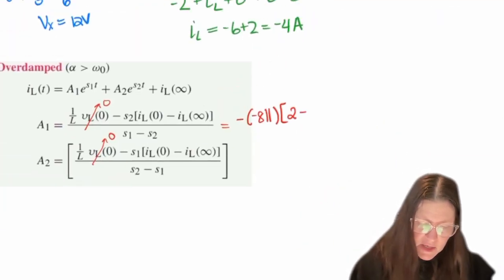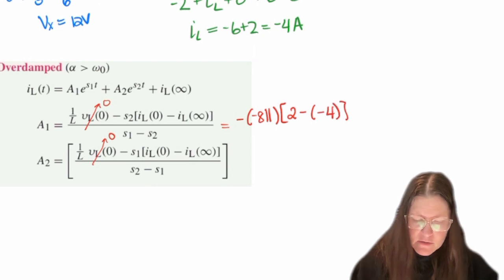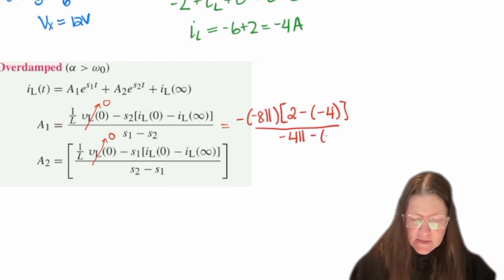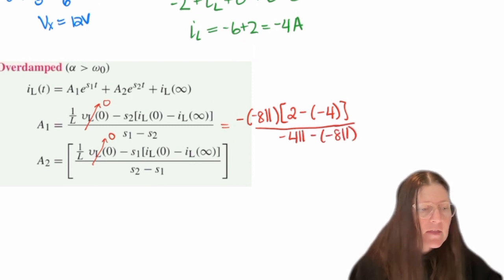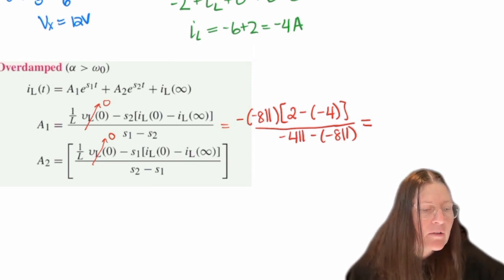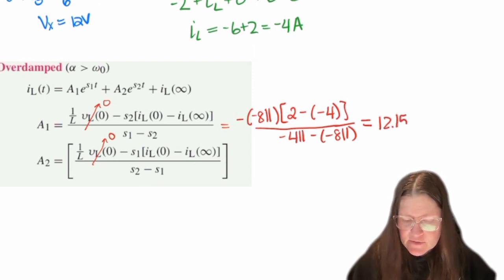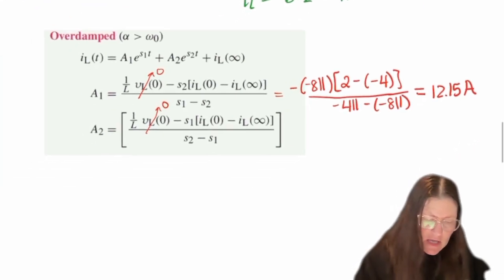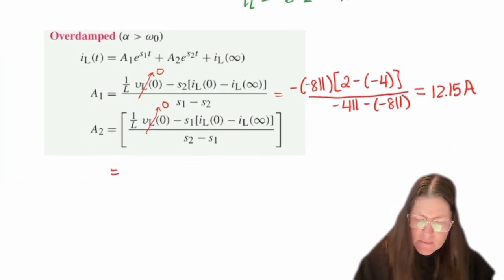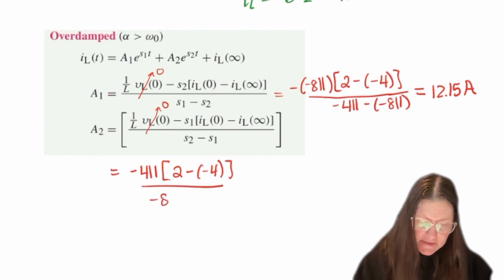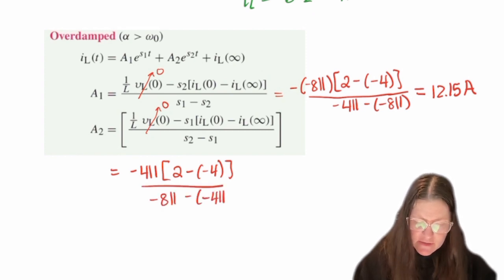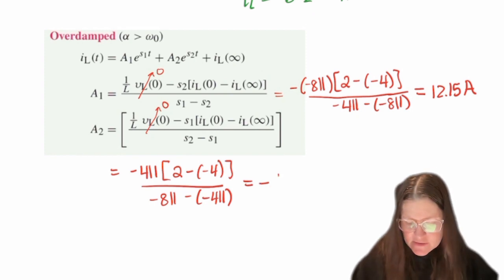So 2 minus a -4, all over S1, which is -411 minus a -811. That gives me a value of A1 of 12.15 amps. And A2 will be -411, 2 minus a -4, all over -811 minus a -411, to give me a value of -6.15 amps.